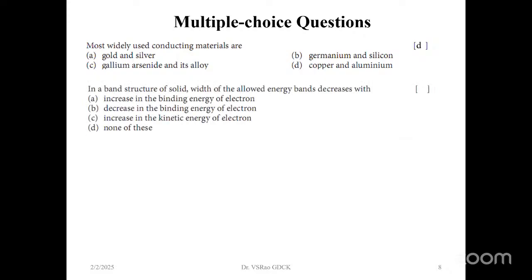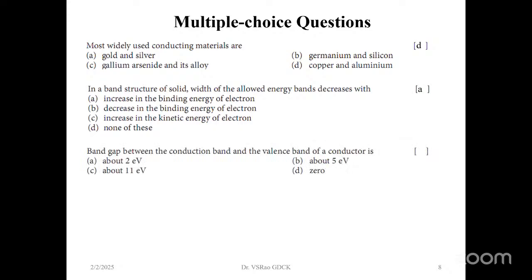Most widely used conducting materials are copper and aluminum. In the band structure of a solid, the width of the allowed energy bands decreases with an increase in the binding energy of the electron. The band gap between the conduction band and valence band of a conductor: is it about 2, 11, 5, or 0? It is 0.